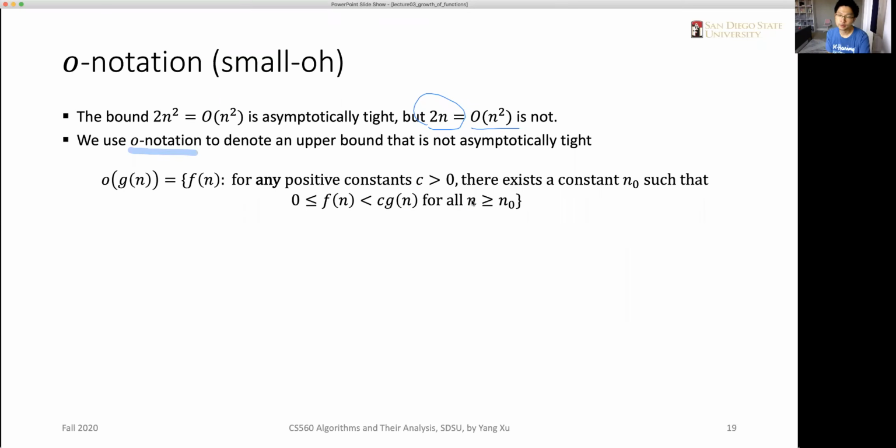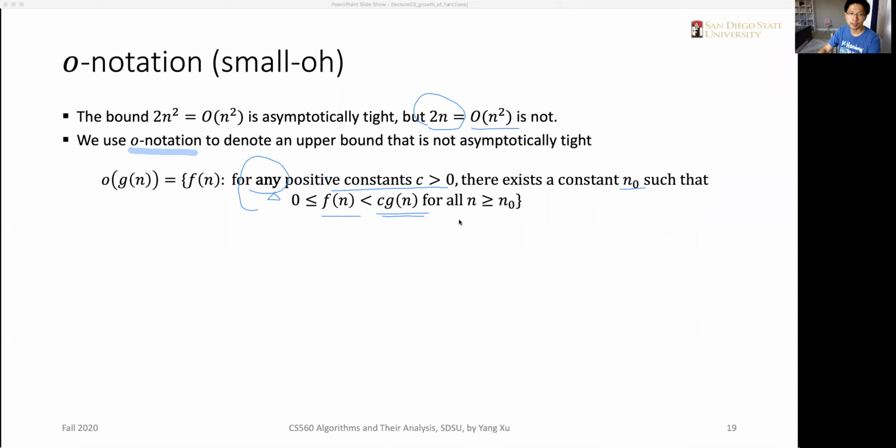Or we say it is a loose upper bound. The formal definition of small o is quite similar to that of big O, and the only difference is here. The statement is that for any positive constant c, there always exists a constant n0 such that f of n is always below c times g of n. This is quite a strong condition, because we want to show that the relationship holds for all constants, not just some chosen constants.